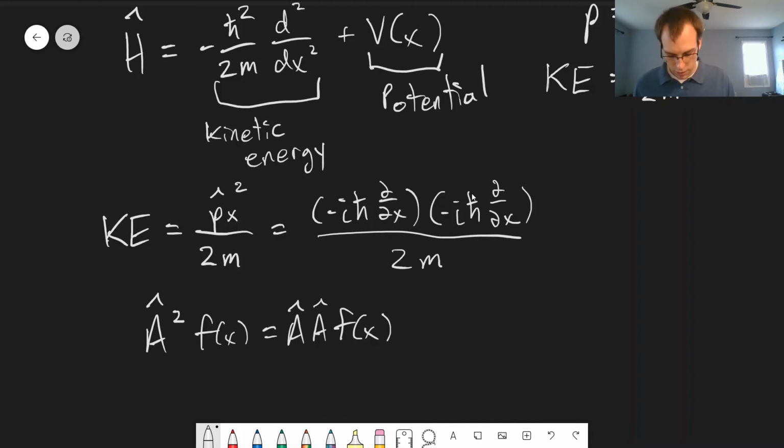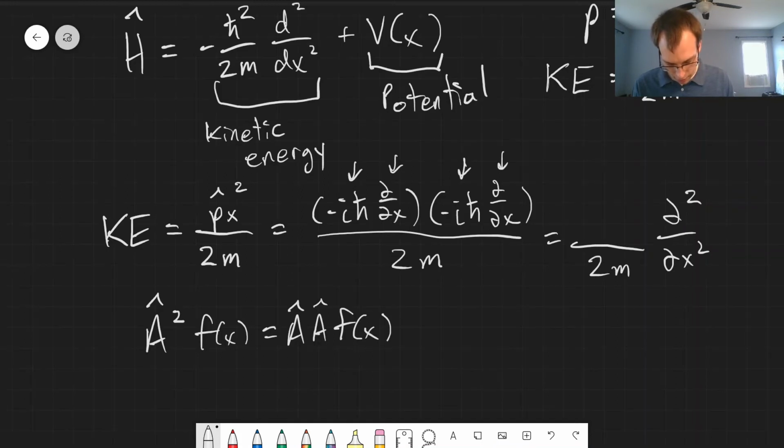So we have some constants here, and we have two derivatives, so that'll just be a second derivative with respect to x. Our 2m is just going to be hanging out on the bottom here.